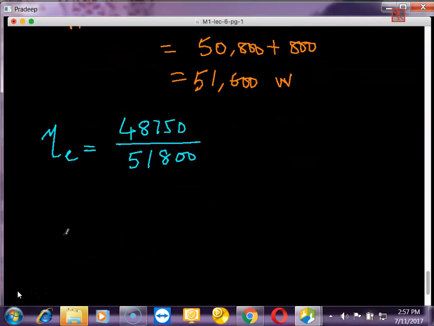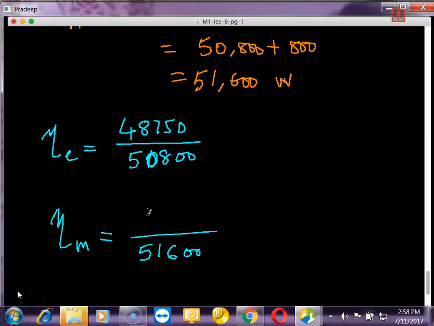Whereas efficiency of the mechanical part will be, what is the input to the mechanical part? That is 51600 and the output is only 50800.